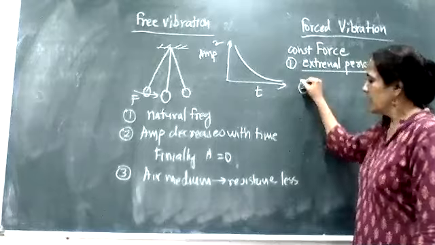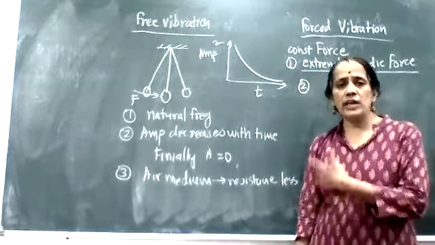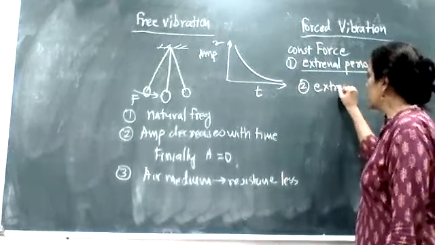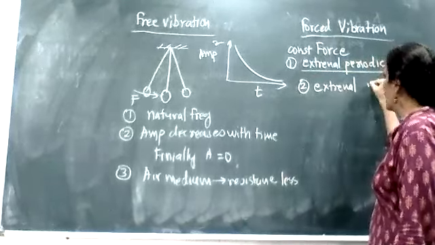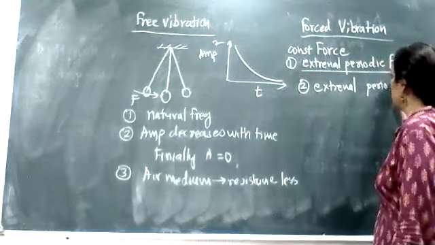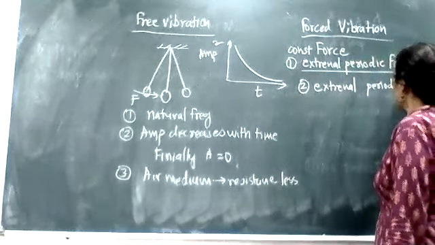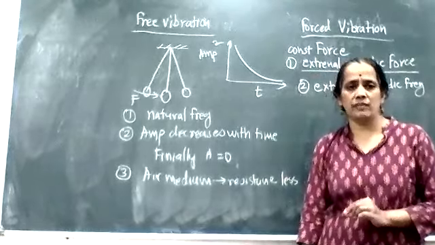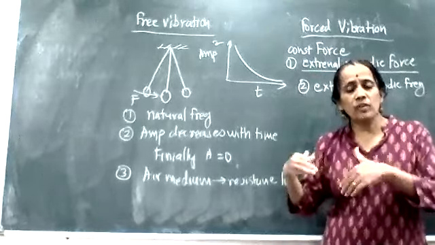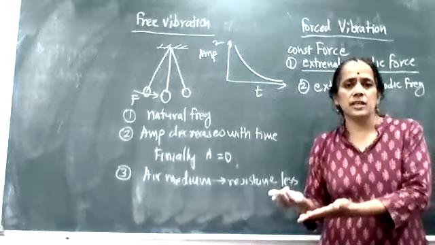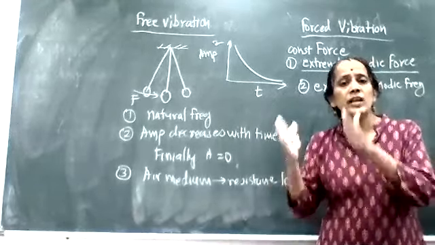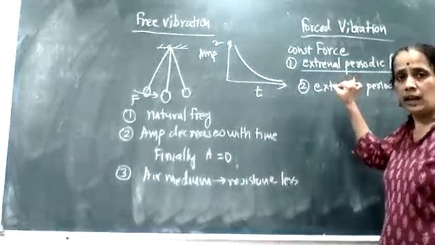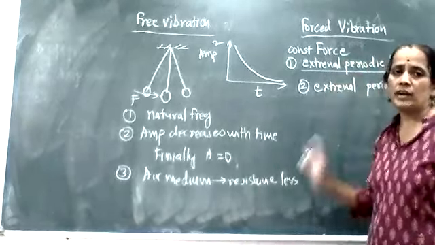Second thing, here the body or the particle will vibrate with a frequency, and that frequency is nothing but the external periodic frequency. Every body has its natural frequency of vibration, but when we apply a constant external periodic force, the body will not vibrate with natural frequency. The body will vibrate with the external periodic frequency.